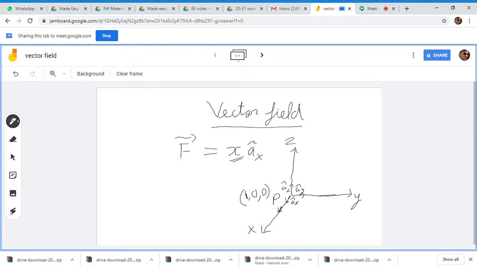Now if we want to find the field at some other point Q, which is (2, 0, 0), then at this Q point the vector field will have a magnitude of 2 units, so we can draw a bigger vector here.